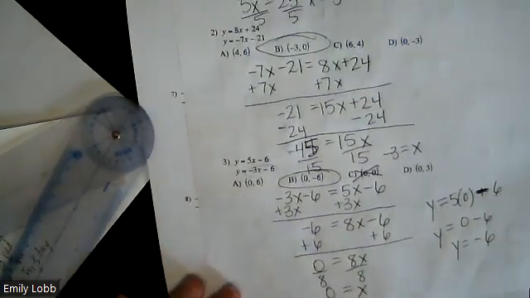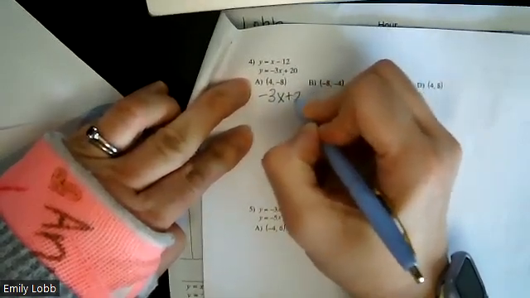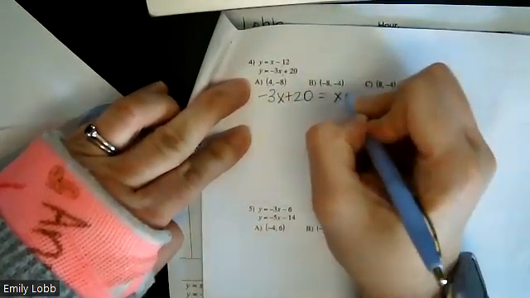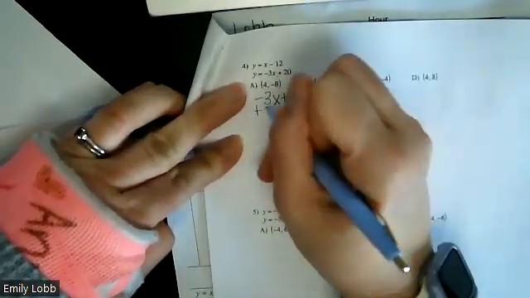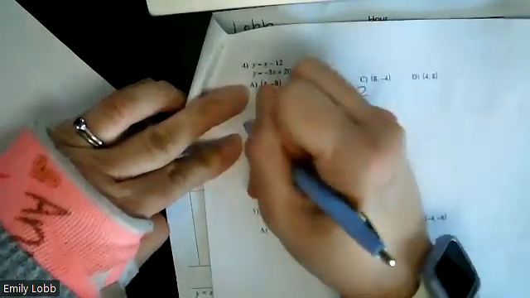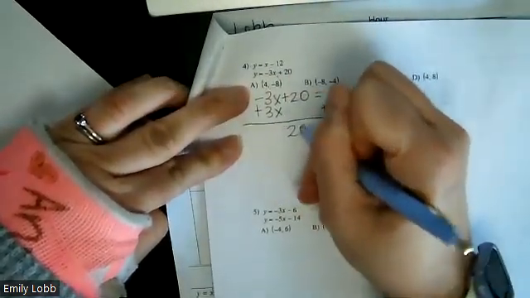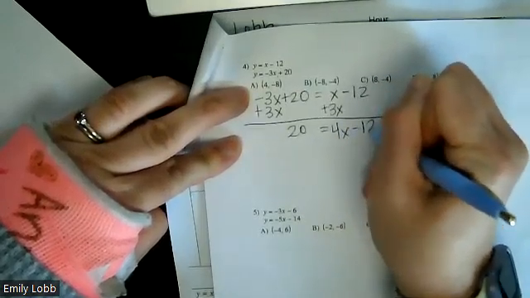Page 3, more examples. So here we're putting this in. Negative 3x plus 20 is equal to x minus 12. So if I add 3x here to both sides, I have 20 is equal to 4x minus 12.